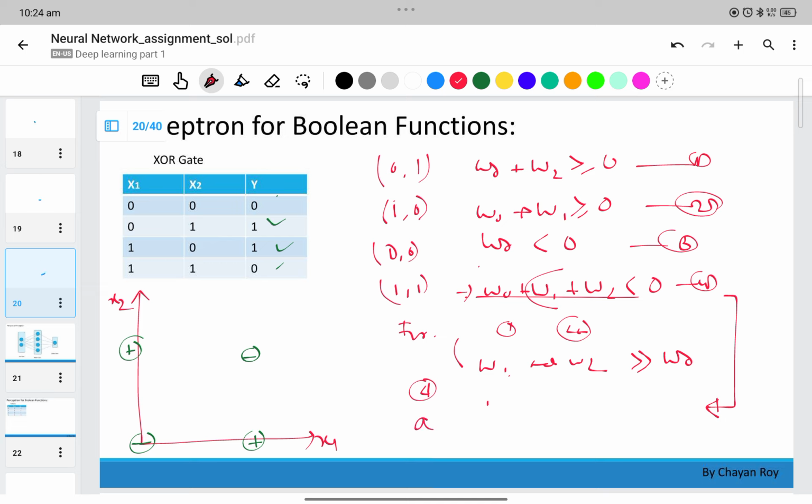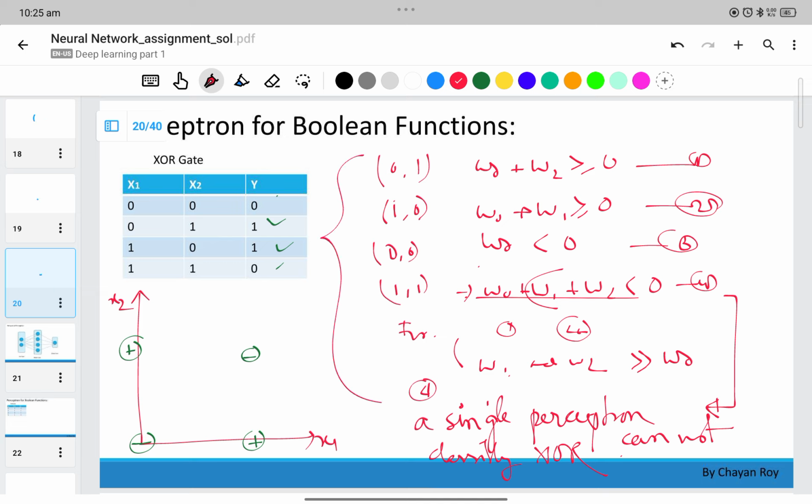So we can say that a single perceptron cannot classify the XOR gate. We have seen in the MP neuron that a single neuron couldn't do that either. So what is the solution to get rid of this?